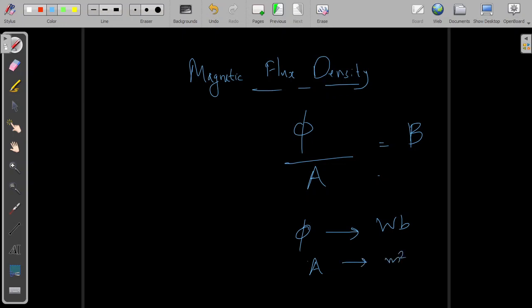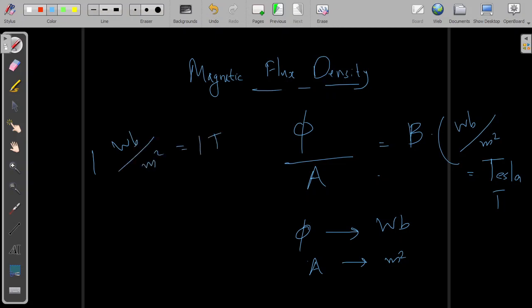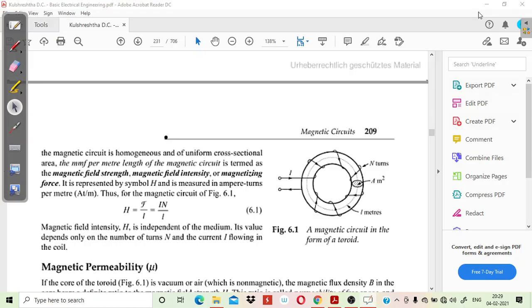So the unit of magnetic flux density B is Weber per meter square, which is also known as Tesla, T. That means 1 Weber per meter square is equal to 1 Tesla. So that is the magnetic flux density.